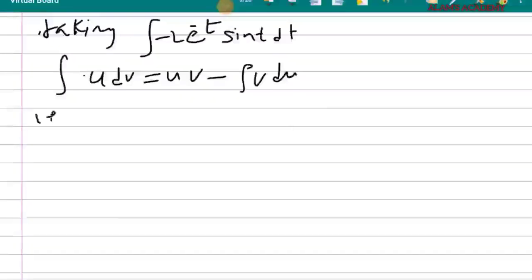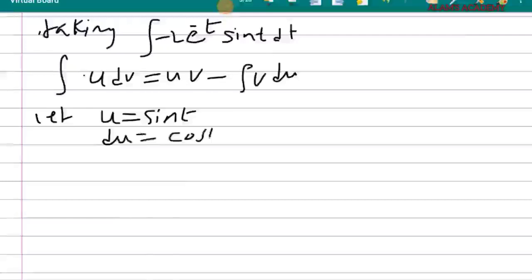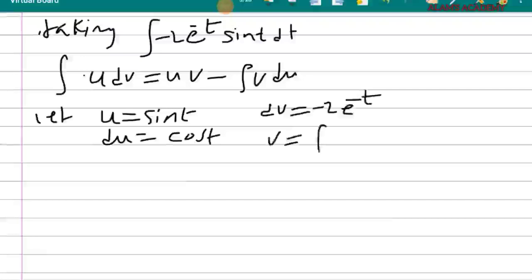So now let u be equal to sine t, implying that du will be equal to cos t. Now let dv also be equal to negative 2 e exponent negative t, implying that v is equal to the integral of this, and v is now equal to 2 e exponent negative t.